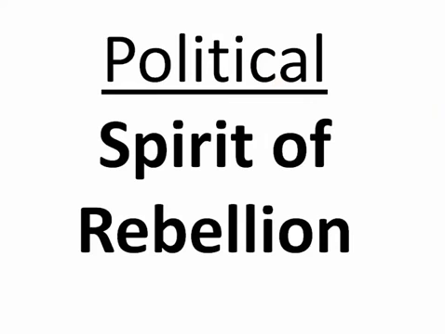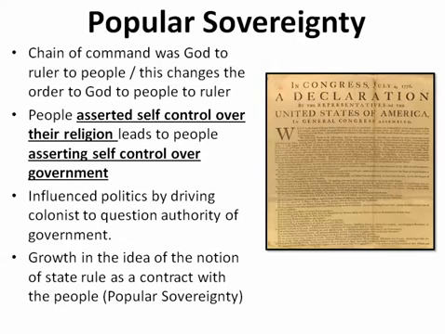And we did that some. We said that there was a spirit of rebellion along political lines. And we talked about this word popular sovereignty, that the people can govern themselves. It hasn't been coined yet, but the idea was there. And we see this going to impact the ideas that are in the Declaration of Independence. So from a religious standpoint during the Great Awakening, there was this covenant, there was a chain of command.